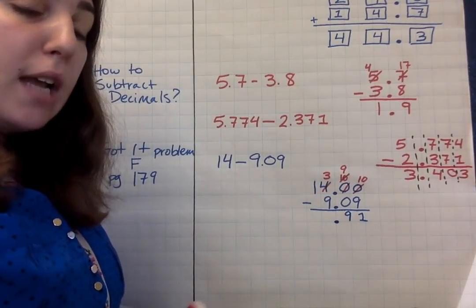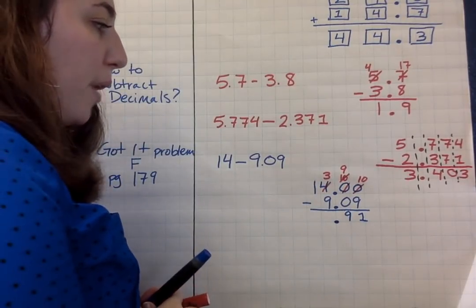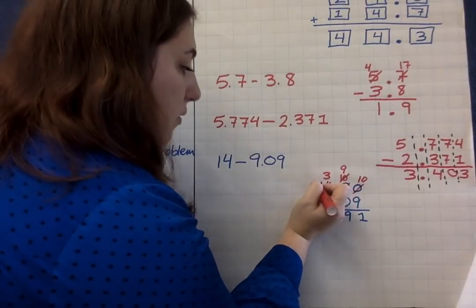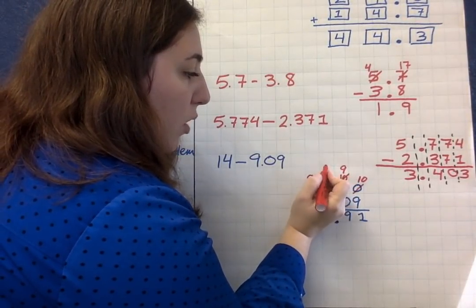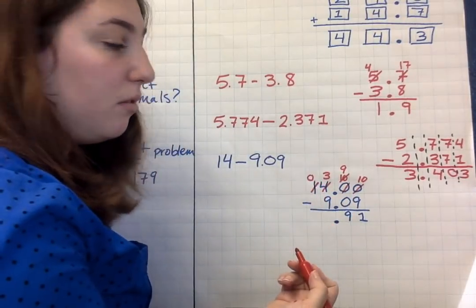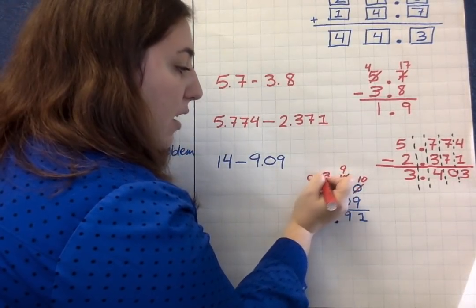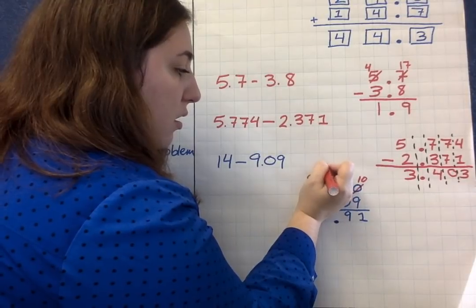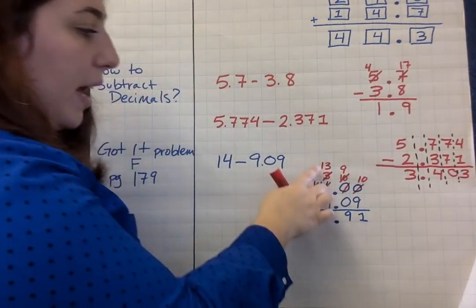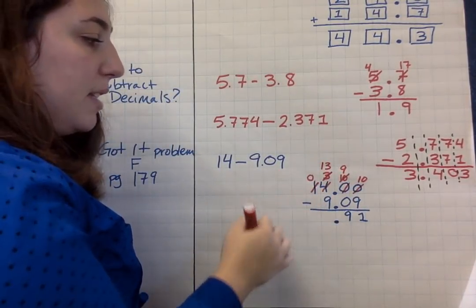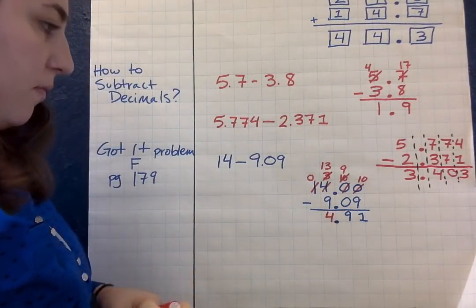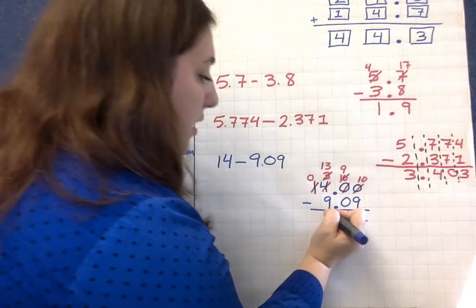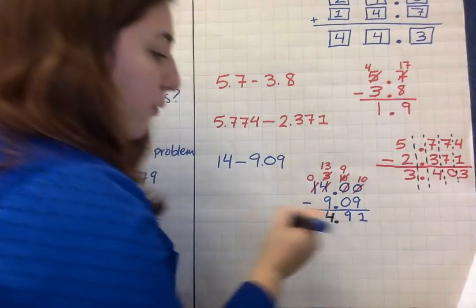I can't subtract 3 minus 9, so I'm going to have to borrow again. So this now becomes 0, and it gives 1 over, which means it gives 10. So since it gives 10, I'm going to do 10 plus 3, and that's 13. So now I have 13. 13 minus 9 is 4. Okay? So my answer is 4.91.